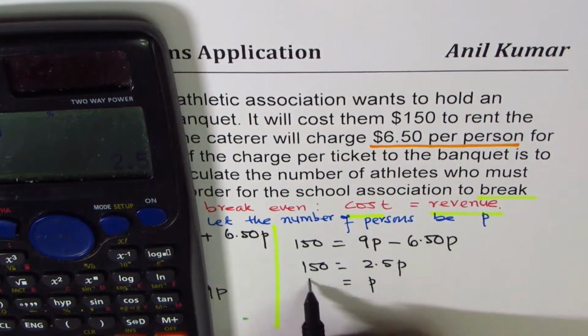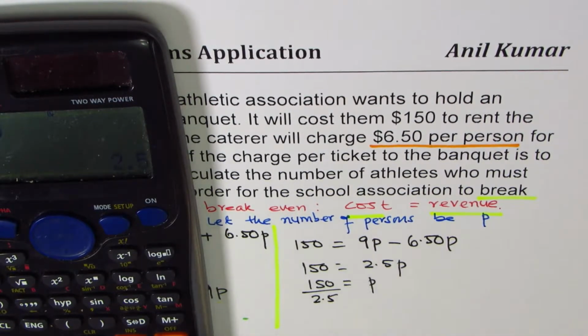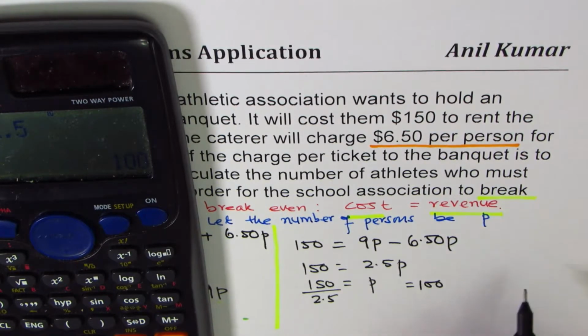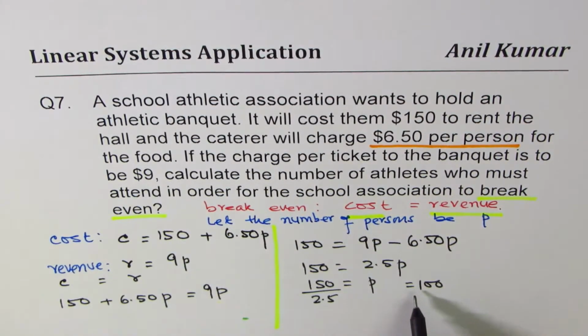Divide by 2.5, we get number of persons, the value of P, right? So we get 150 divided by 2.5, that gives us 100. So 100 persons will break even, right? That is what we get.